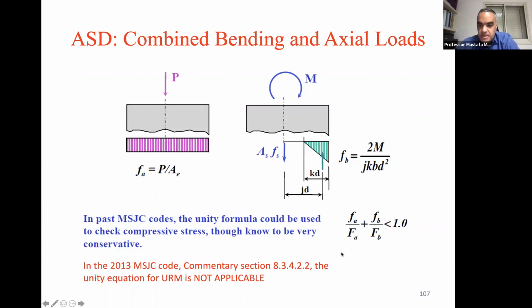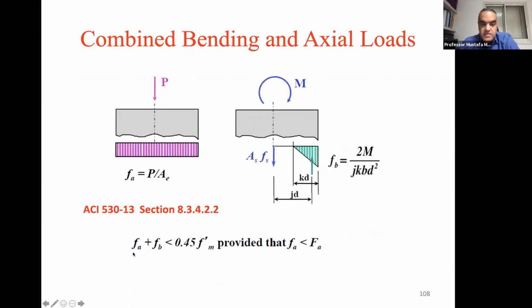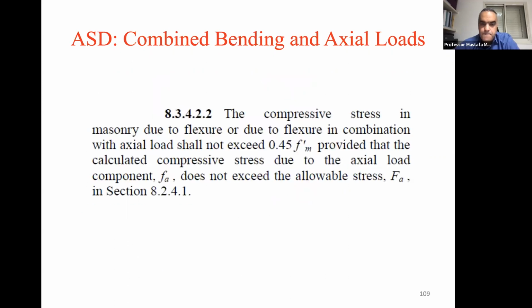So we have this condition, and the other condition is that the total axial load plus F sub B, these are the actual load stresses, has to be less than or equal to 0.45 F prime M, okay, provided that F sub A is less than the capacity. So there are two conditions for the ASD reinforced masonry case that we need to check, okay? But we don't have the one with the F sub T, okay? So that's given in this section.